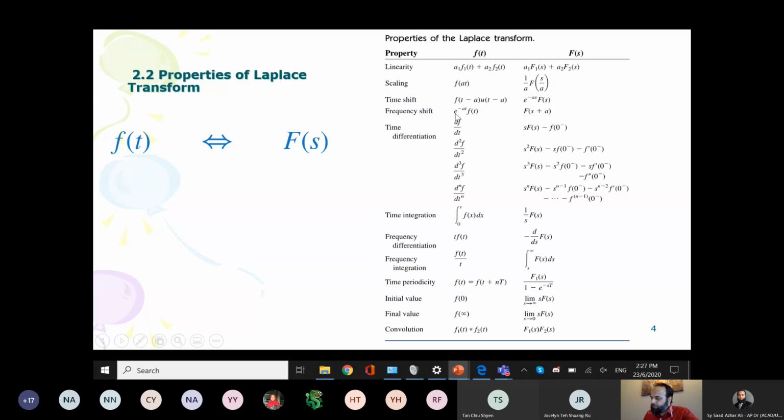So you can see that this property is delayed by a seconds, a sampling instance. So we go back, and what happens is that whenever it's delayed, the same delay appears in e to the minus as.